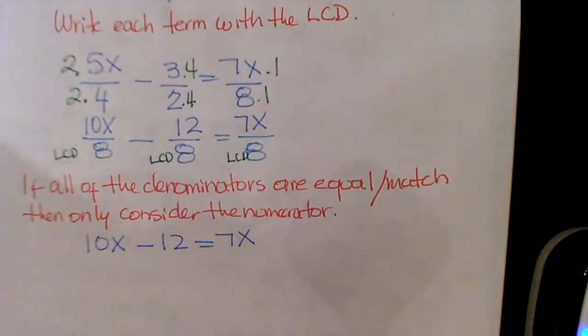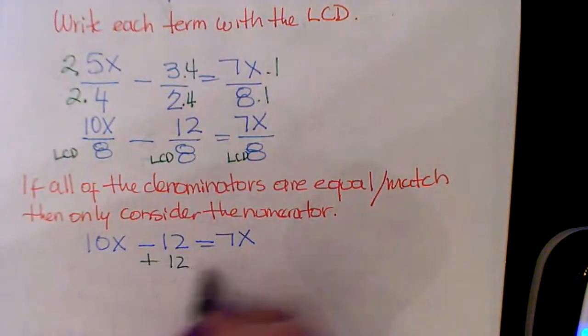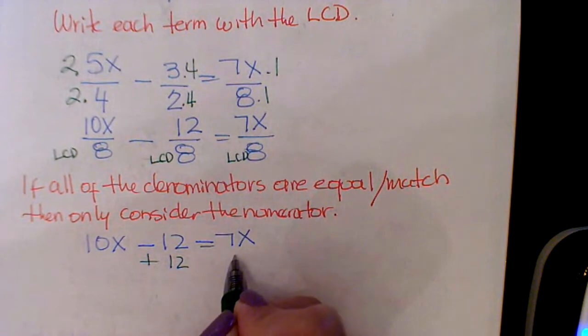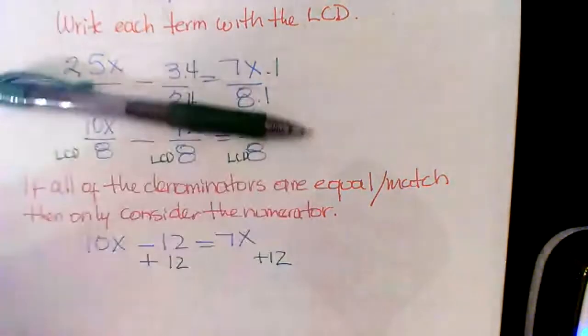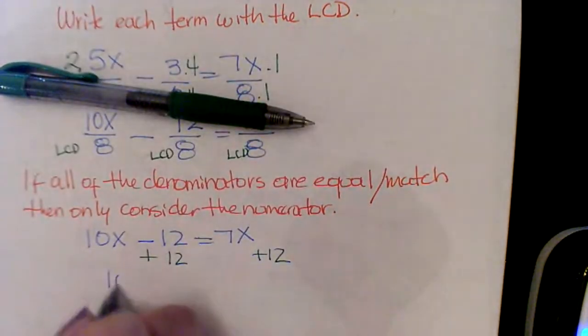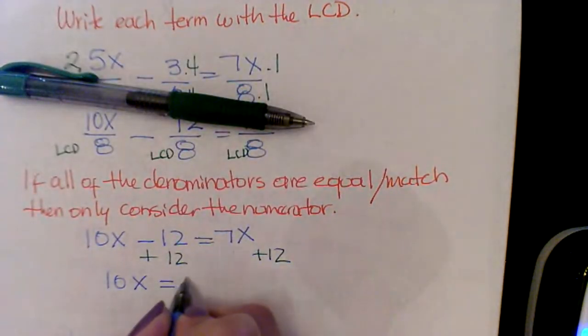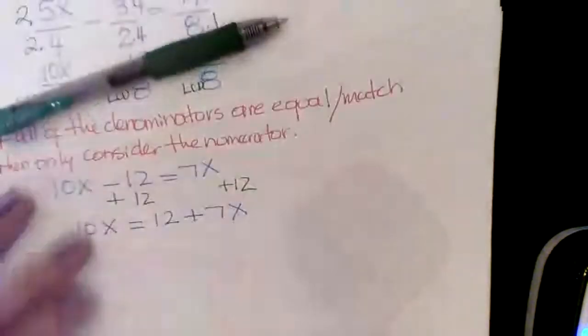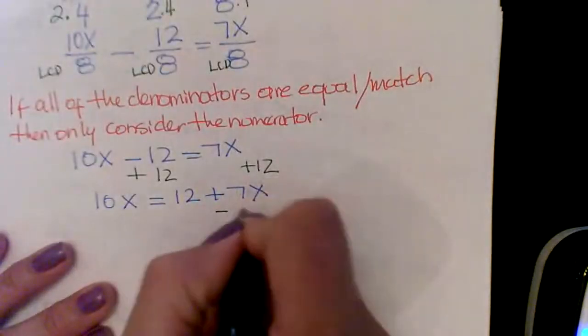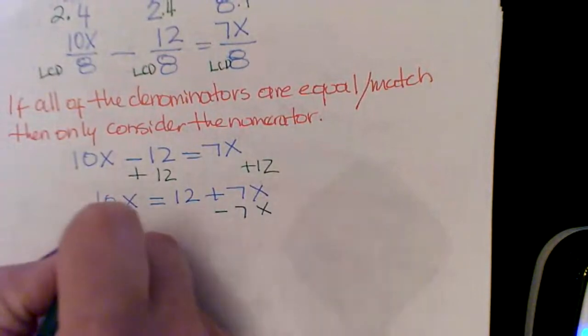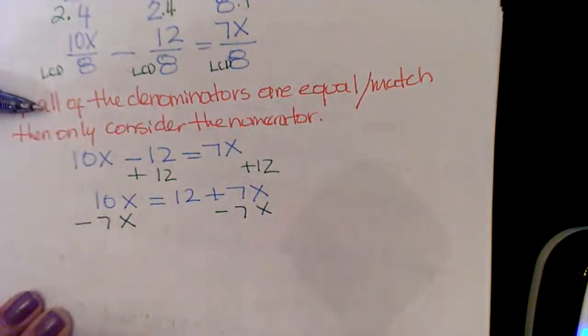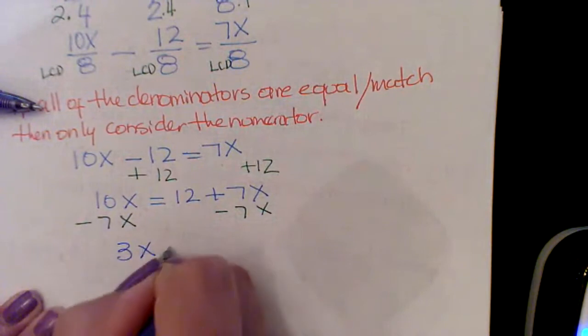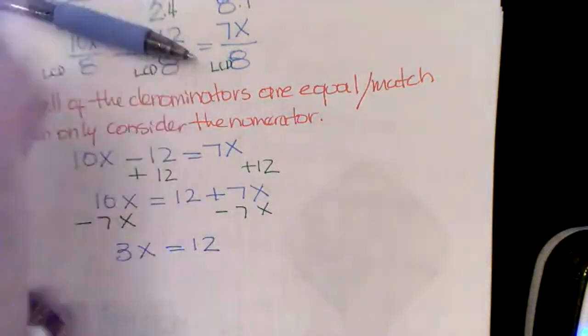Okay, now we're going to make a 0 here. And this is going to be 12 plus 7x. And we've got to make another 0 here. And what do we get? We get 3x equals 12.